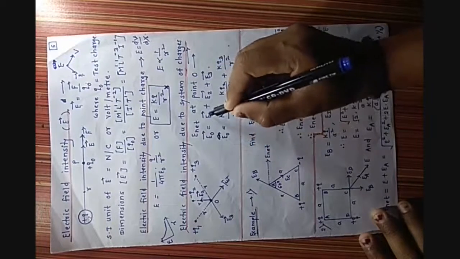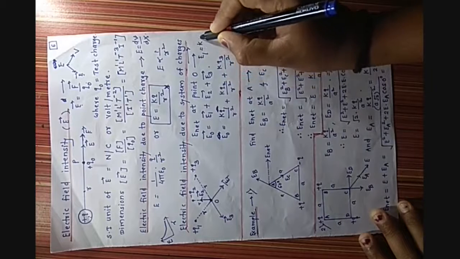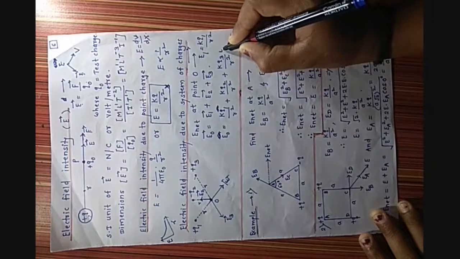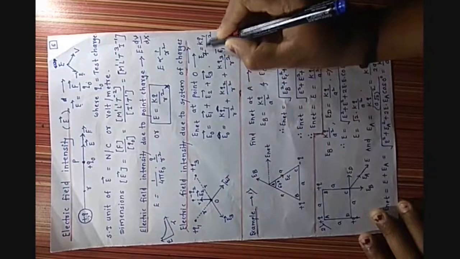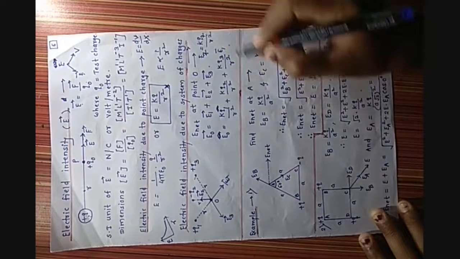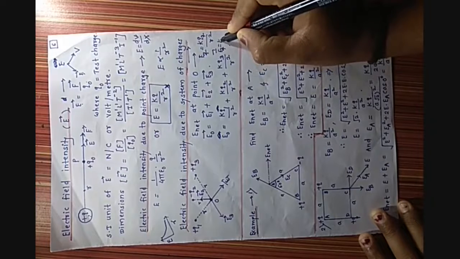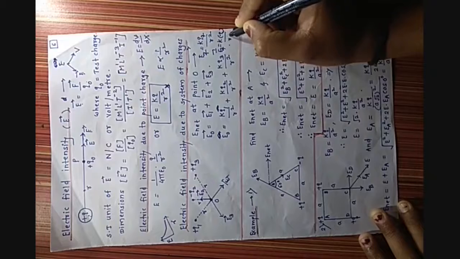मीन्स जर मी इथे फक्त E1 लिहिला, तर त्याची व्हॅल्यू असेल KQ1 upon R square, but whenever we write E1 bar and suppose E2 bar, E2 bar is KQ2 upon R square, but whenever we write E2 bar, then we should write K(-Q2) upon R square.